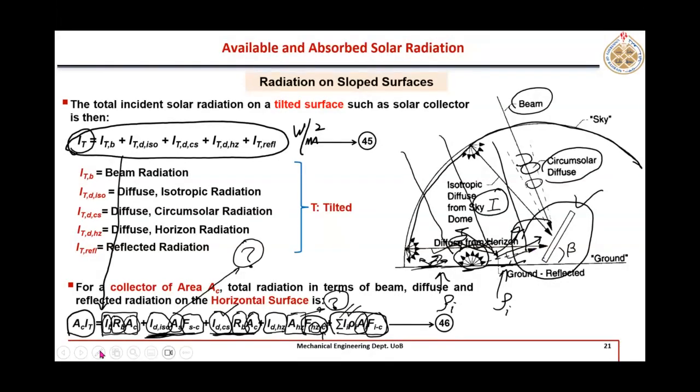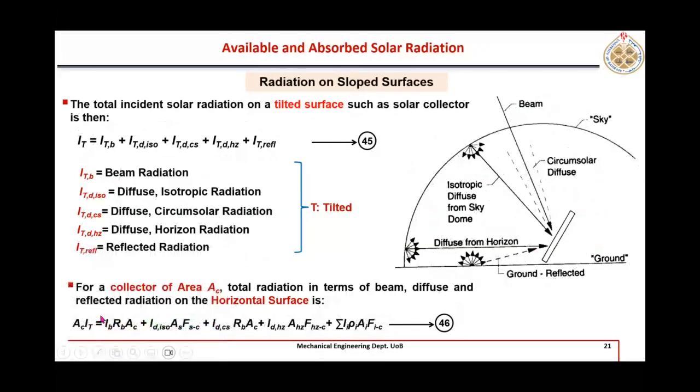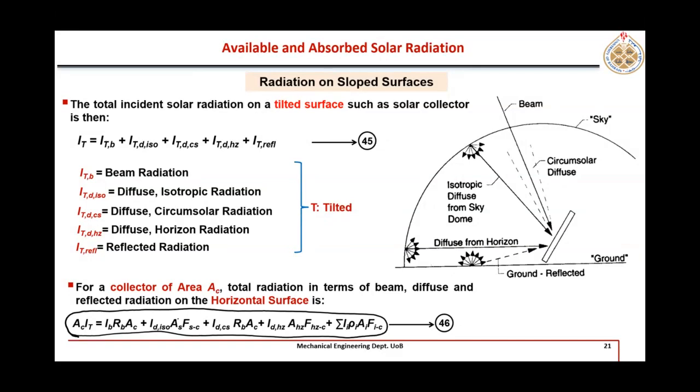But this equation in its current form is very difficult to solve. There are so many strange terms or unknowns or very difficult to determine. For example, how to find out this sky area, how to find out this horizon area, and also how to find out the diffuse part coming from horizon, how to find out the diffuse part from circumsolar. Okay, how to find all these individual diffuse radiation.